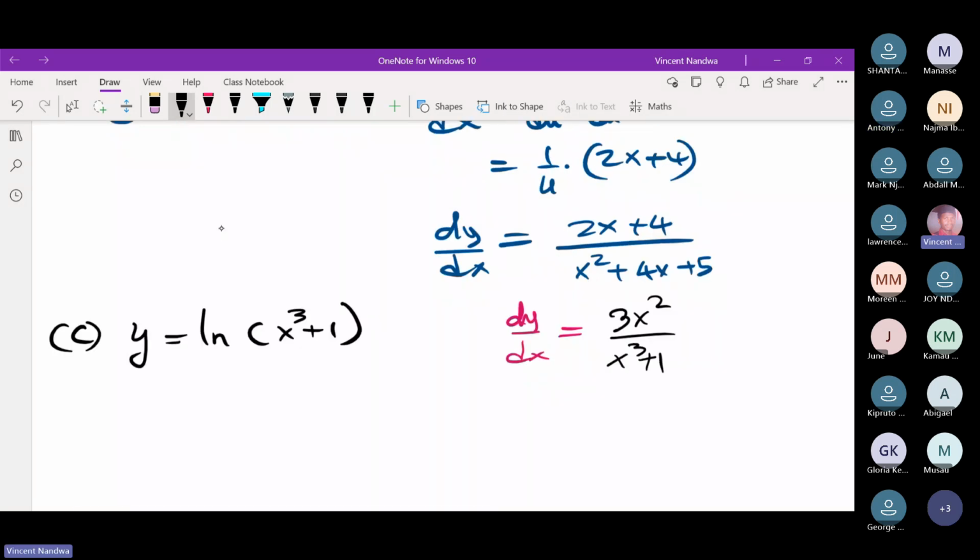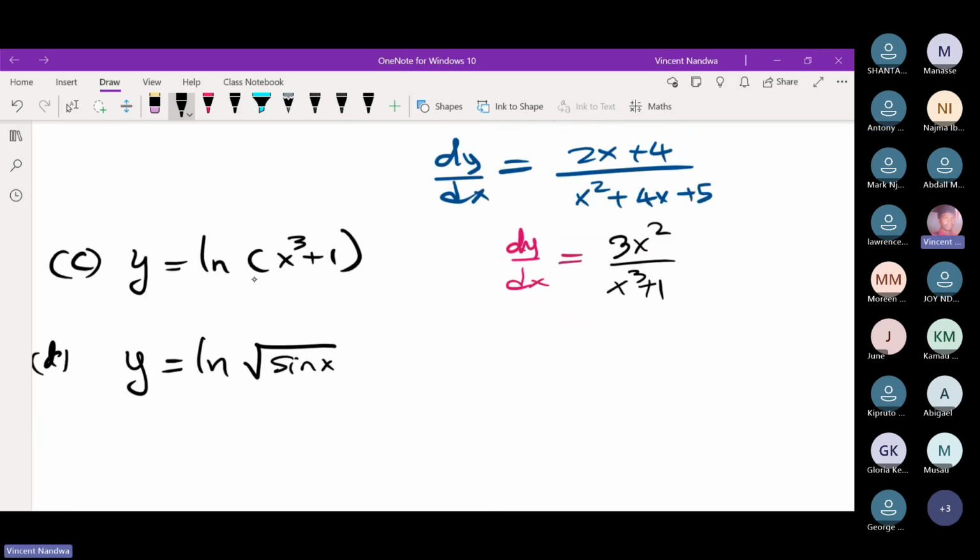Then D, y equals ln of square root of sine x. So what would be the choice for u in this case?